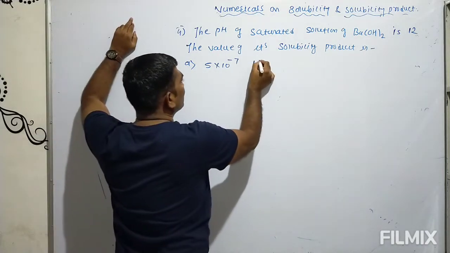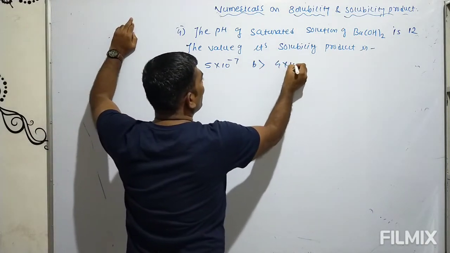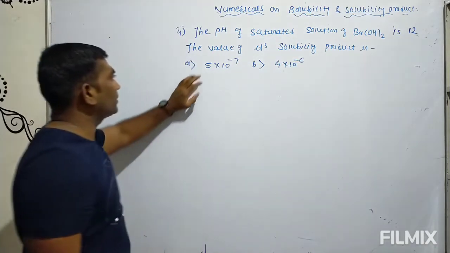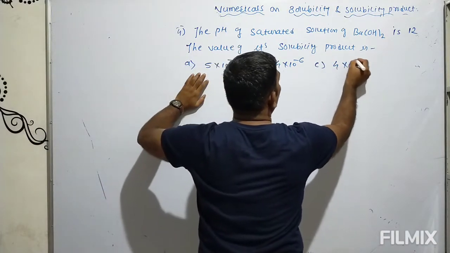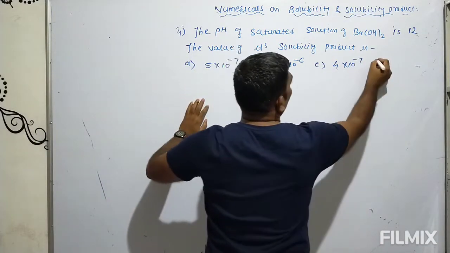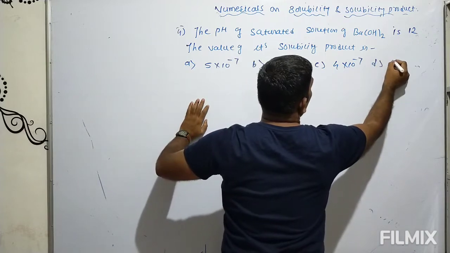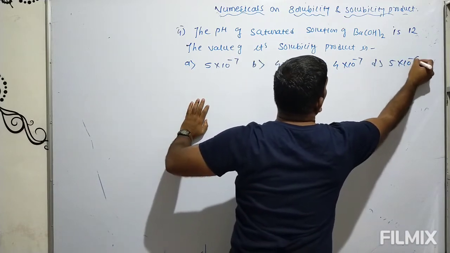Option B is 4 into 10 to the power minus 6. Option C is 4 into 10 to the power minus 7. And D is 5 into 10 to the power minus 6.